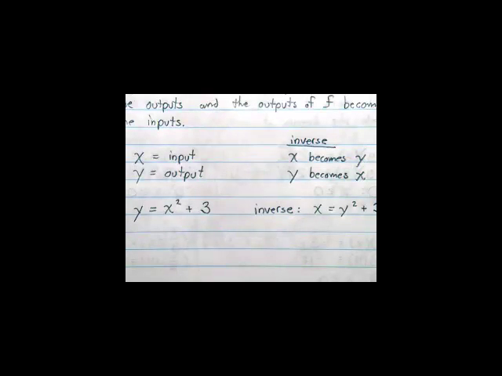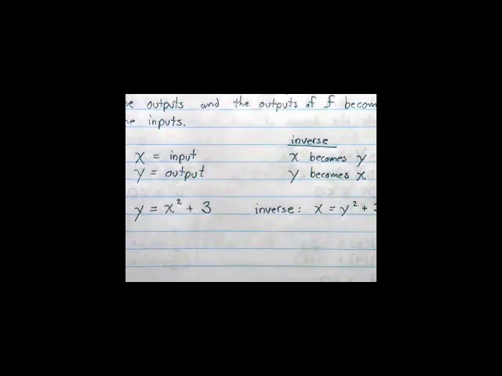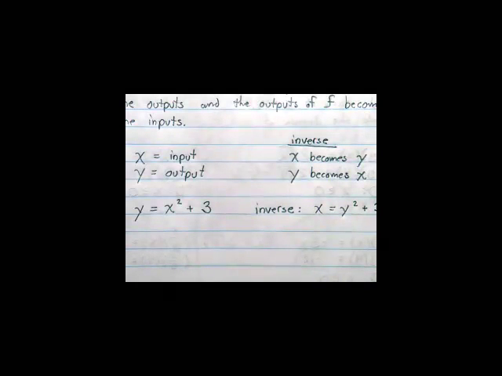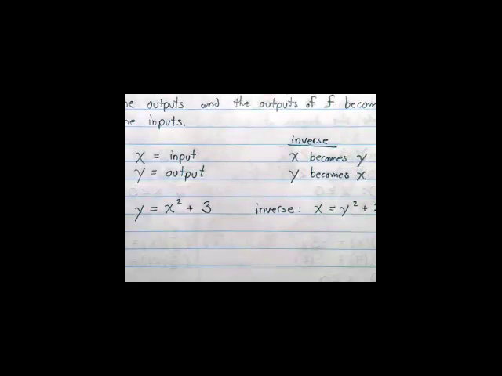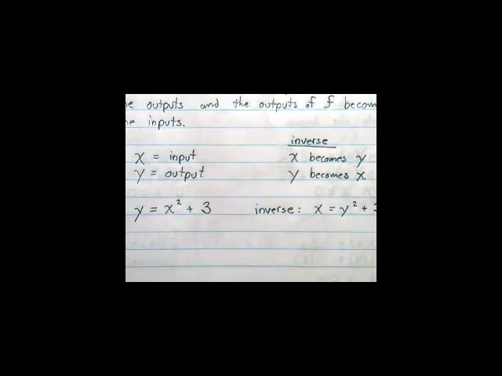So to test for that, I need to take this and solve it for y. I'm going to see if I can turn this into a function written that way, and then check that idea of is there one output for every one input. So solving this equation for y, what's the first thing I need to do?